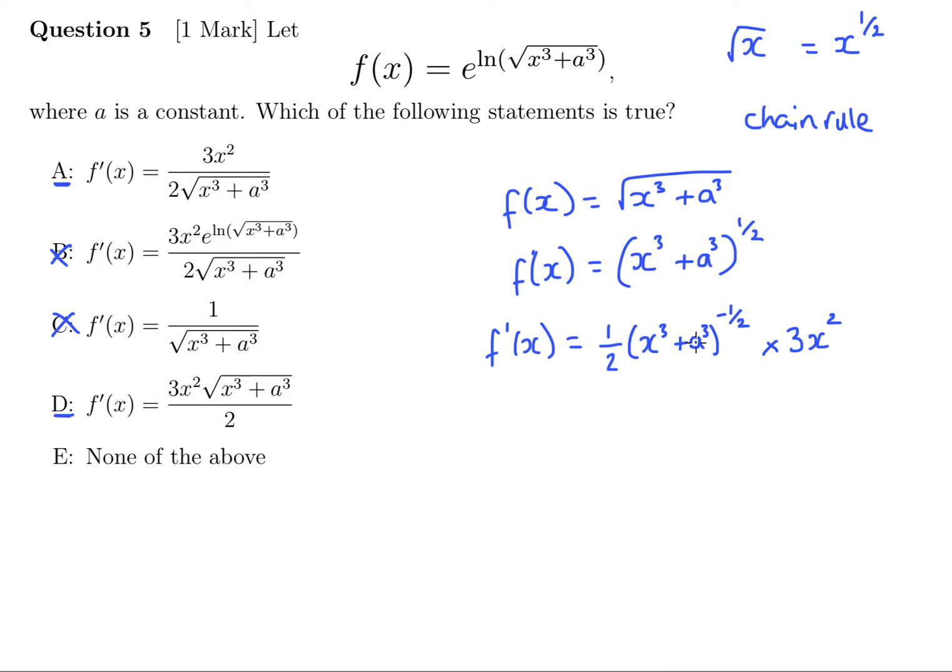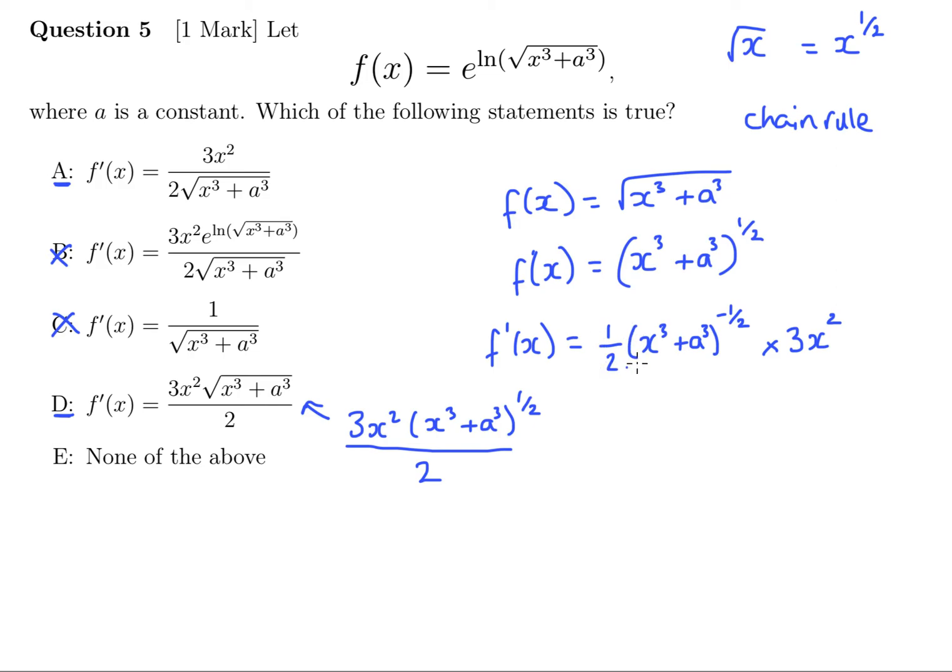The next thing to remember is that we can discount D actually, because this would not be square root, because that's a positive a half, and we've not got a positive a half in our answer. This would be written in power form, 3x squared times x cubed plus a cubed to the positive a half, divided by 2.